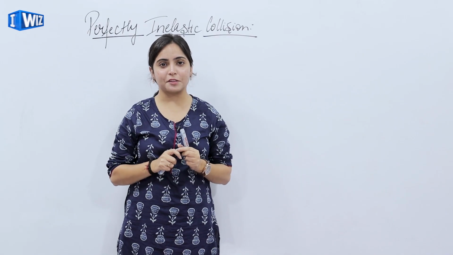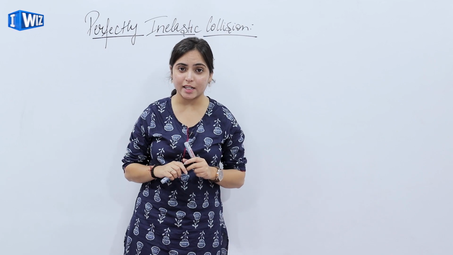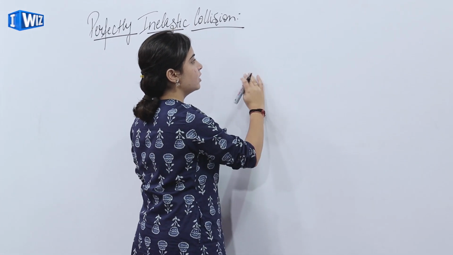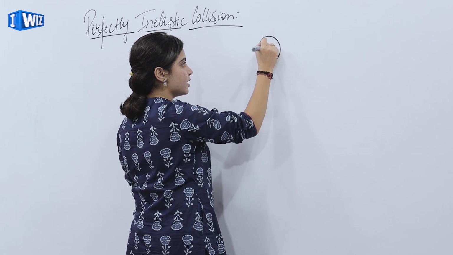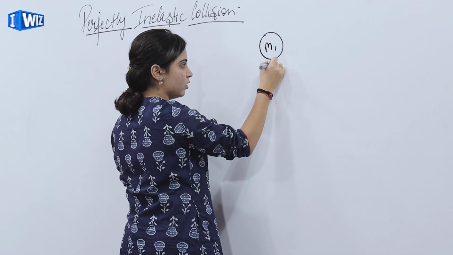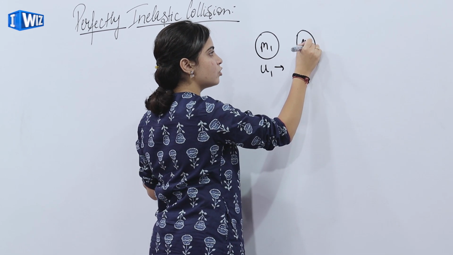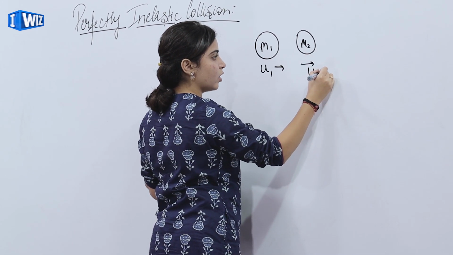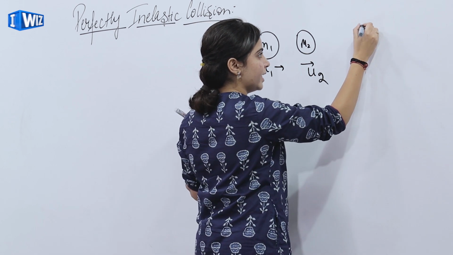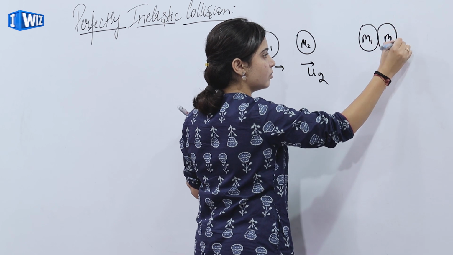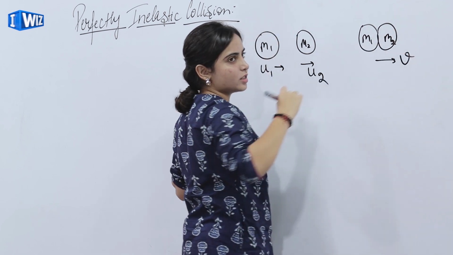Now after discussing elastic collision, let's discuss inelastic collision, a perfectly inelastic collision. In this, what happens? Say I have a mass 1 moving with velocity u1, mass 2 moving with velocity u2. They'll collide and move with the same velocity.